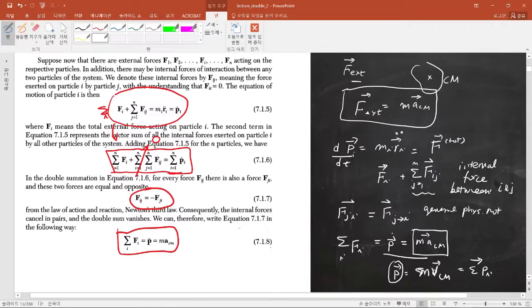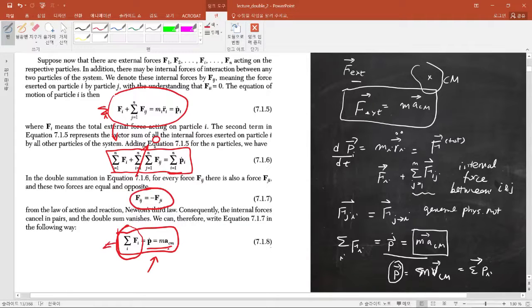So you obtain this result, which says that the total force acting on the rigid body acts as if it is acting on the center of mass. It is used to generate a translational acceleration of the center of mass.